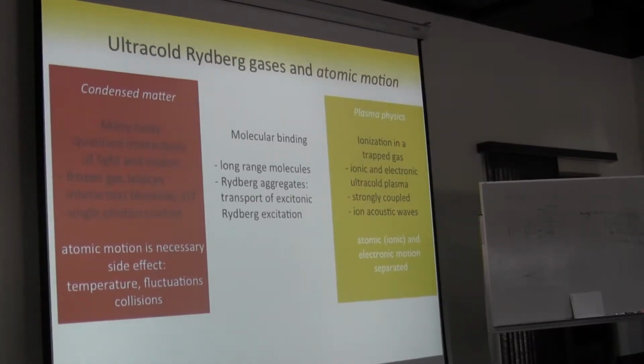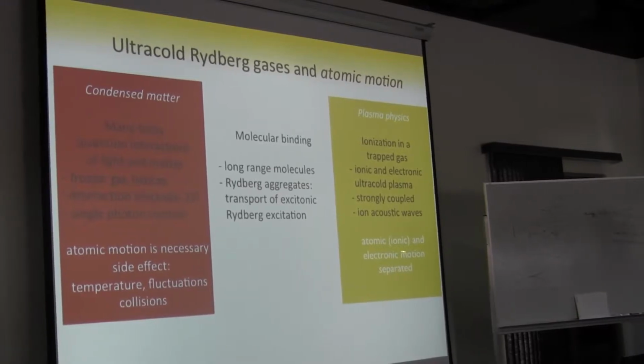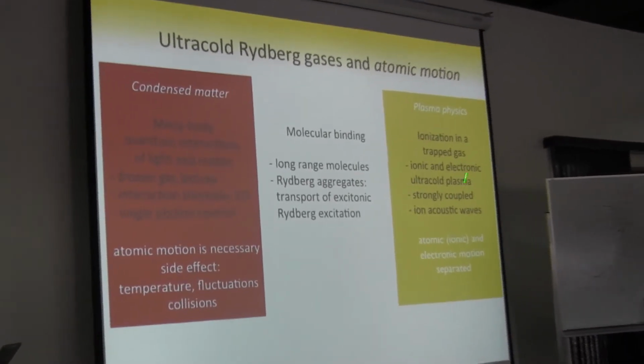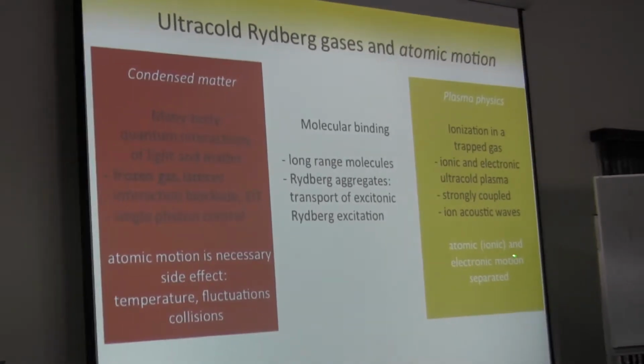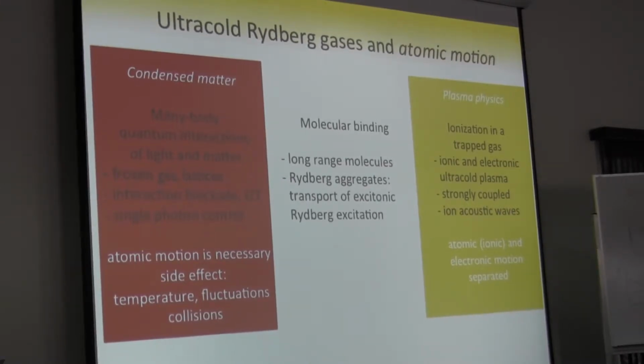Now, for the plasma physics, the atomic motion, which in that case is ionic motion if you have ionized your gas, and the electronic motion are completely separated. In fact, we have two plasmas, the ionic plasma and the electronic plasma, and depending on the temperature, both of them, or at least one of them, is strongly coupled.